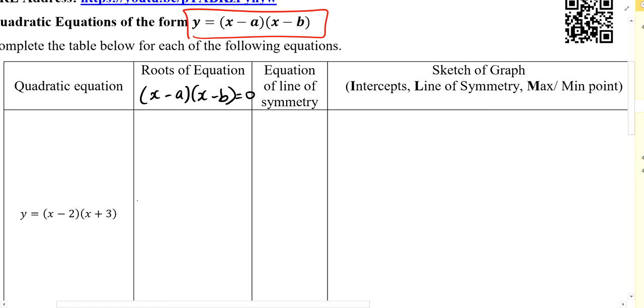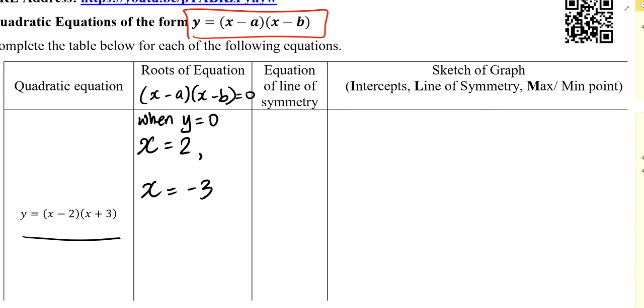Then you will do the rest yourself. For this equation, (x minus 2)(x plus 3), the roots are x equals to 2, x equals to negative 3. Okay? How did I do this? To complete your working, you write down when y equals to 0. So x equals to 2, x equals to negative 3.